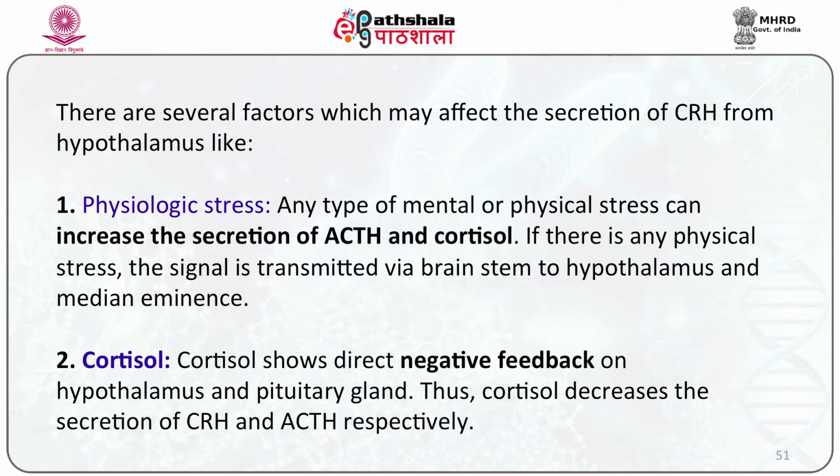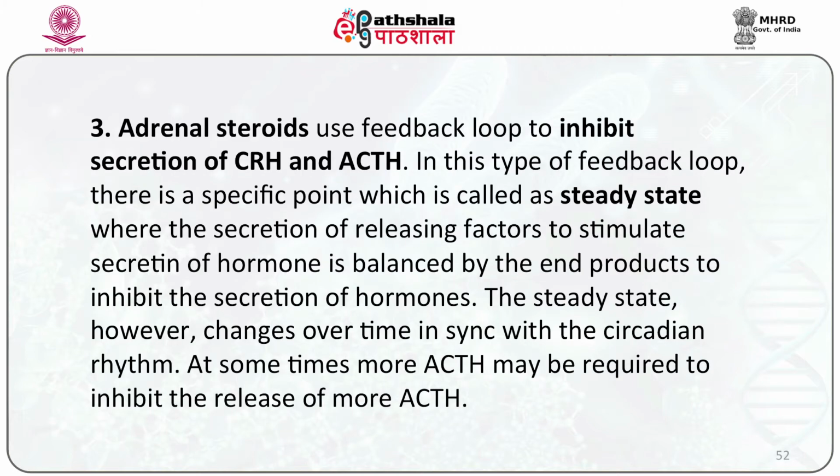Another factor is cortisol. Cortisol shows direct negative feedback on the hypothalamus and pituitary gland. Thus, cortisol decreases the secretion of CRH and ACTH respectively. Adrenal steroids use a feedback loop to inhibit secretion of CRH and ACTH.